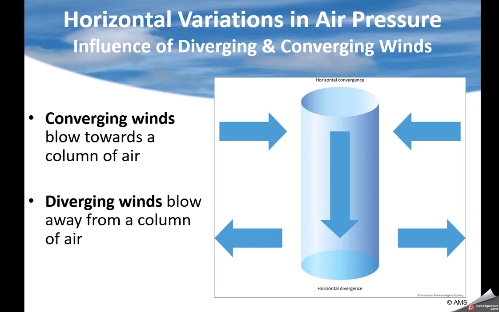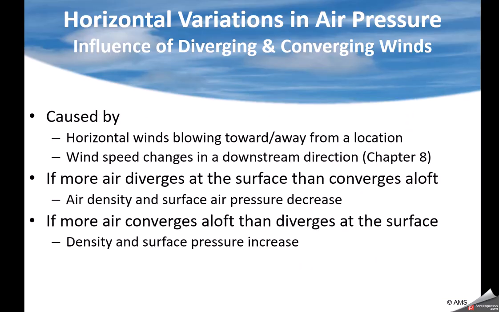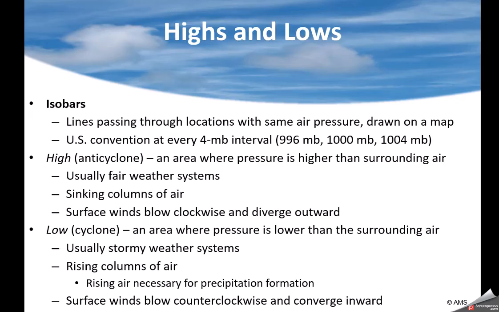At the bottom of the atmosphere, they're going to tend to spread out. There'll be divergence at the bottom, and you wind up actually with higher pressure there. So this divergence and convergence of air can impact the pressure, which you're going to learn about more.